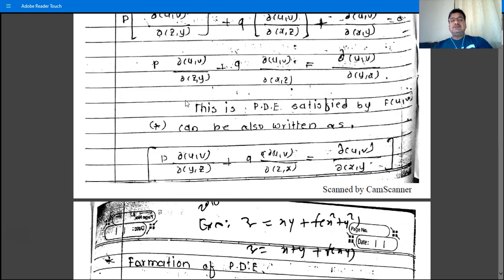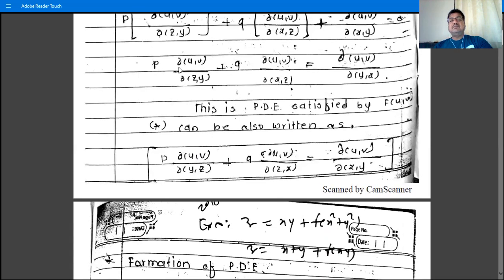Then if we change the sign of all these, write here minus, minus, minus, and accept that minus at this place. So we have p times dou (u,v) by dou (y,z). Instead of zy, write yz. Then instead of xz, write zx. That is through the negative effect.